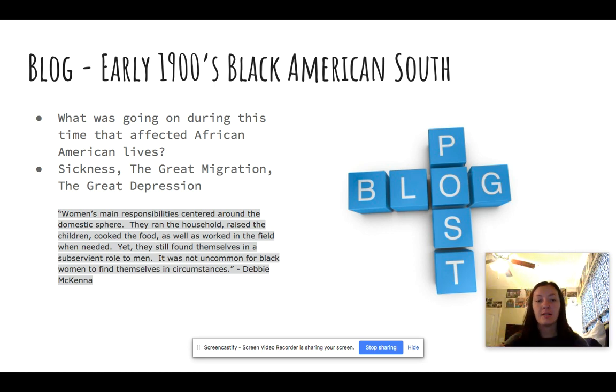So, this specific quote is what the whole blog post is about. It talks about what women went through, and it uses the novel we are reading, The Color Purple, as a reference. So this shows that what we are reading and what we are seeing in the movie when we watch the movie as well, they are seeing what was really going on.